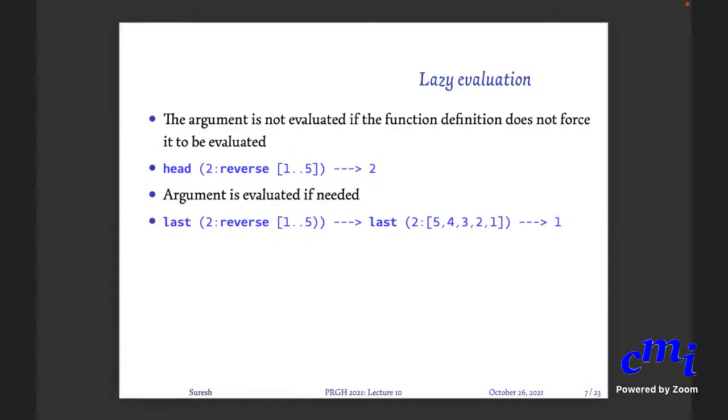But to check whether it is a singleton, what will you have to do? You will have to evaluate the second part and see if it is the empty list or not. Otherwise last of x:xs is last of xs, so you will actually have to look at xs and see what form it takes. To put reverse [1..5] in the form of something colon something else, you will have to evaluate it anyway. So that will force you to evaluate this.